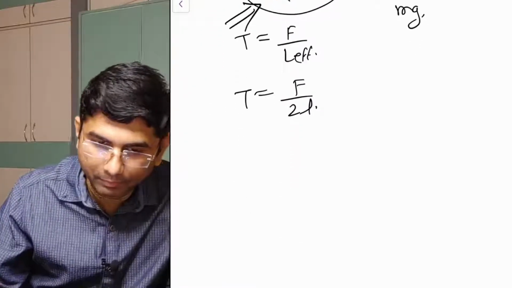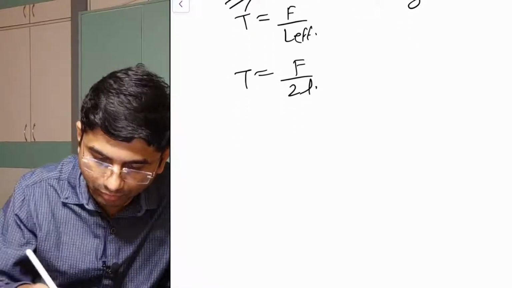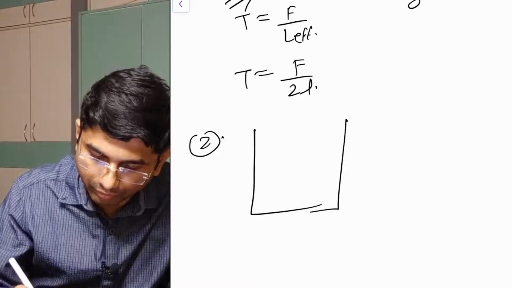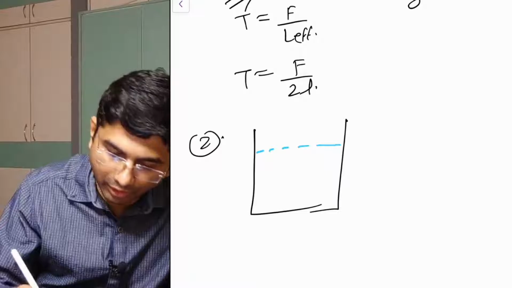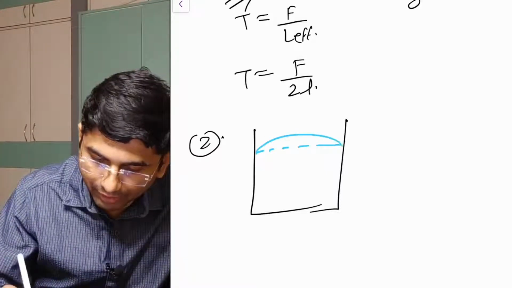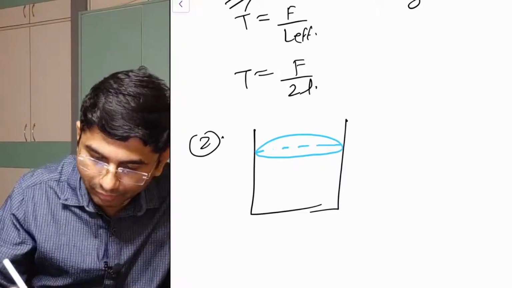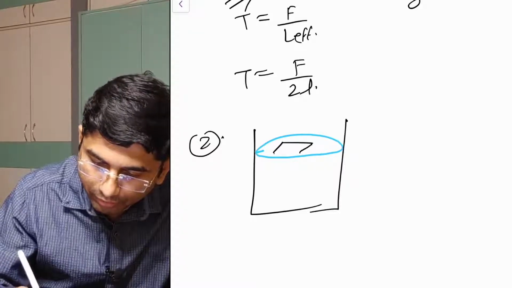Now if we are having a second case, we have a bucket which is filled with water, and on the surface of that water I am keeping one rectangular frame.